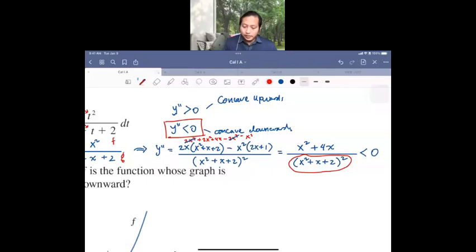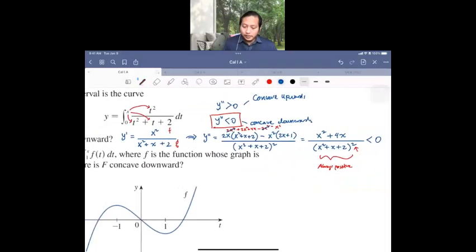Because it's having a squared. So this is always positive. So we can ignore it, because we want to find whether these statements are negative. So we can know that x plus 4 should be less than 0.